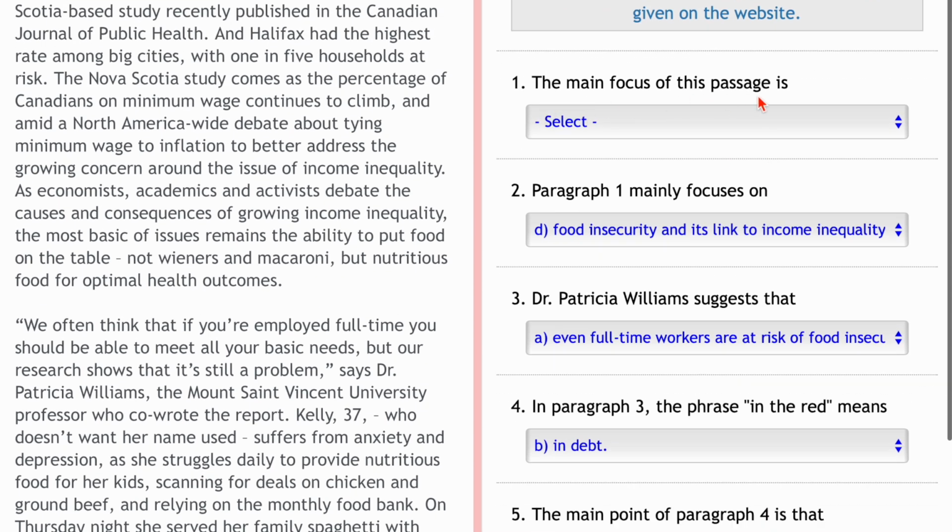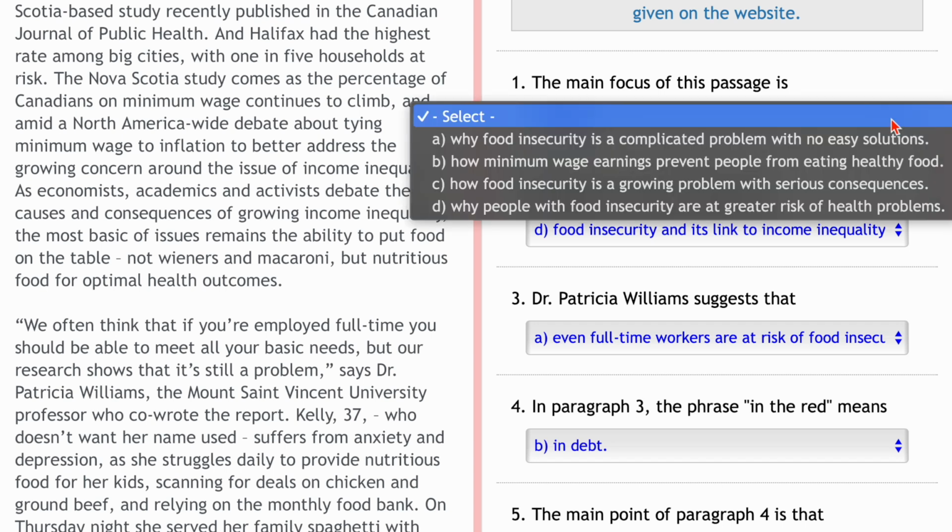The main focus of this passage is why food insecurity is a complicated problem with no easy solutions. How minimum wage earnings prevent people from eating healthy food. How food insecurity is a growing problem with serious consequences. Why people with food insecurity are at greater risk of health problems.